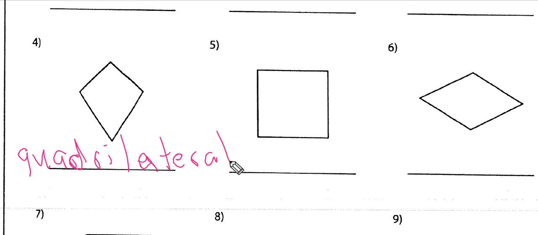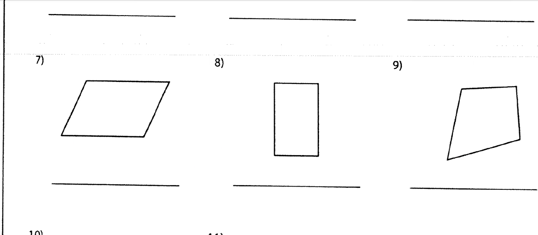Okay, number 5. Now number 6. Now it's a rhombus. Okay, number 7. So rhombus. I'm just going to go with a parallelogram because this side is not the same length as this side right here.